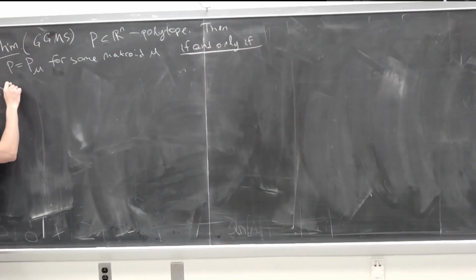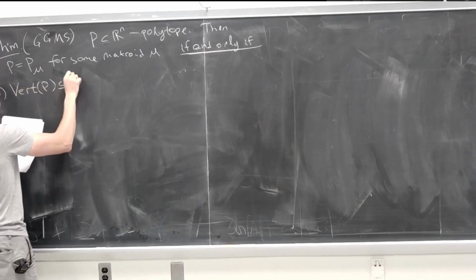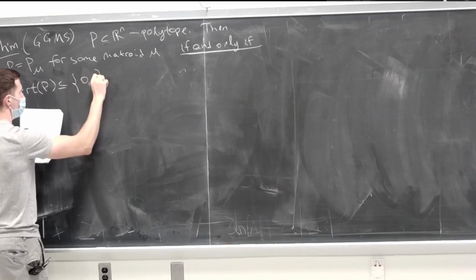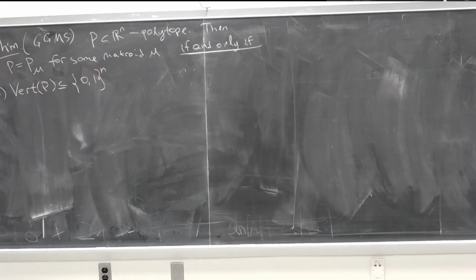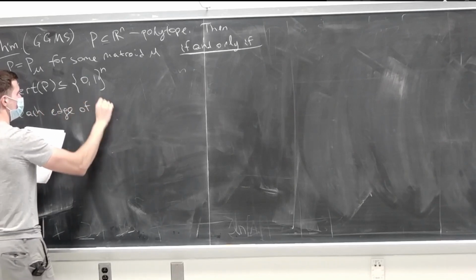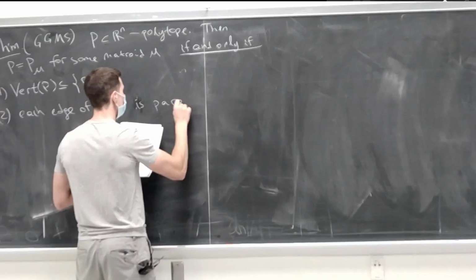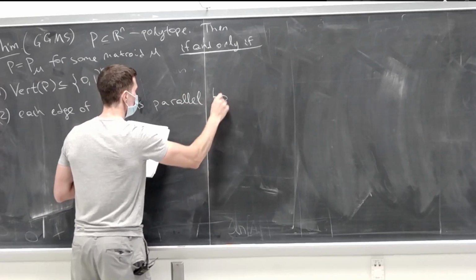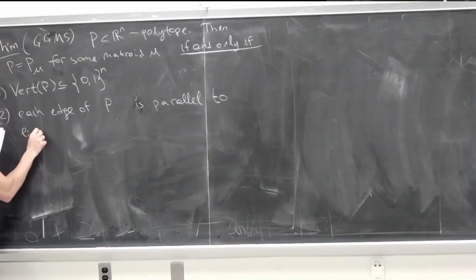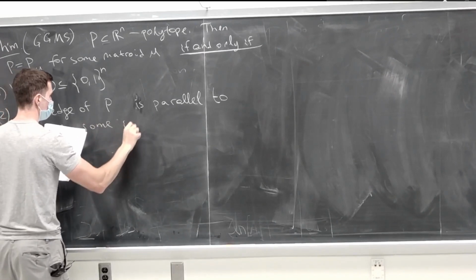First, it has to be a 0,1 polytope, so the vertex set should be a subset of the vertices of the cube. And second, the crucial condition: each edge of P is parallel to the vector e_i minus e_j for some i not equal to j.